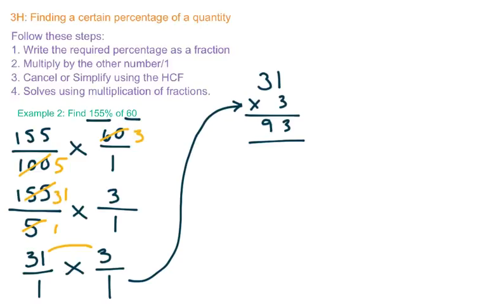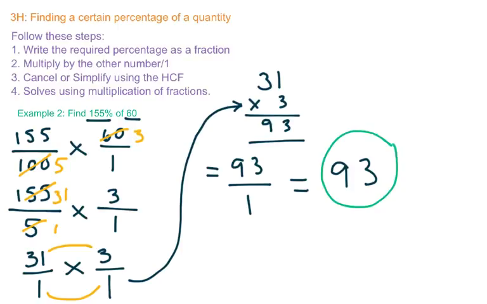So we know that the numerator is going to be 93. Let's not forget about our denominators. We need to still times our denominators. So 1 times 1 equals 1. So 93 over 1, which is the same as saying 93. Therefore, we have found that 155% of 60 is 93.